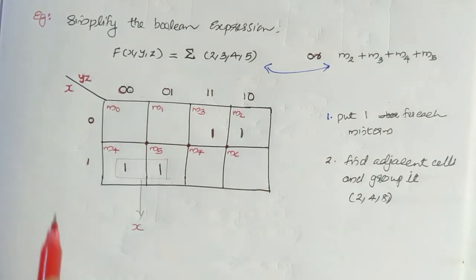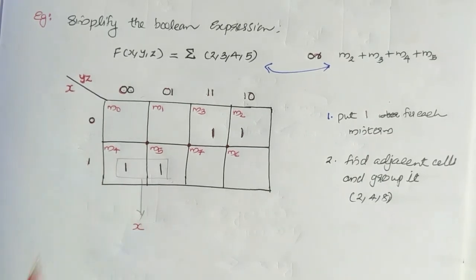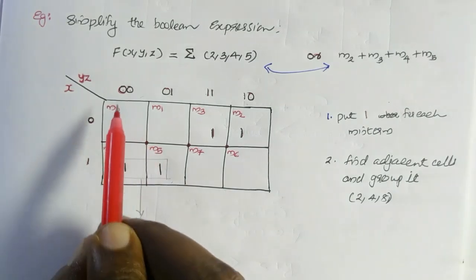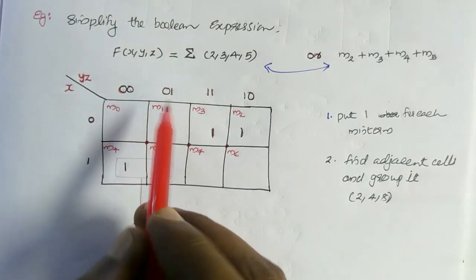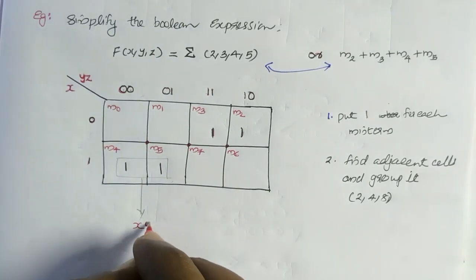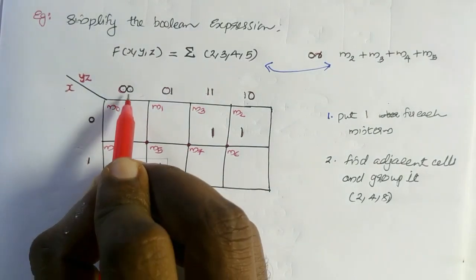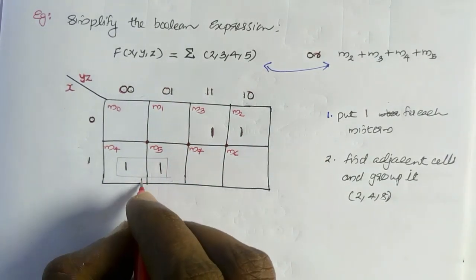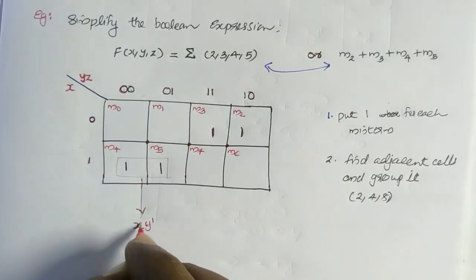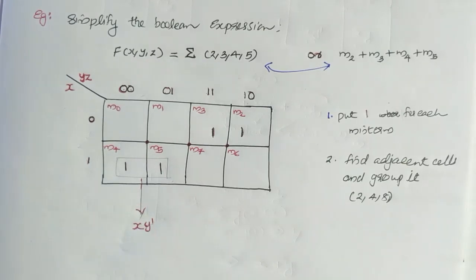I put x because the value of x is 1, and for y and z, the y remains y bar all the time, but the z changes from 0 to 1, so we avoid it. So from this we will get x y bar.